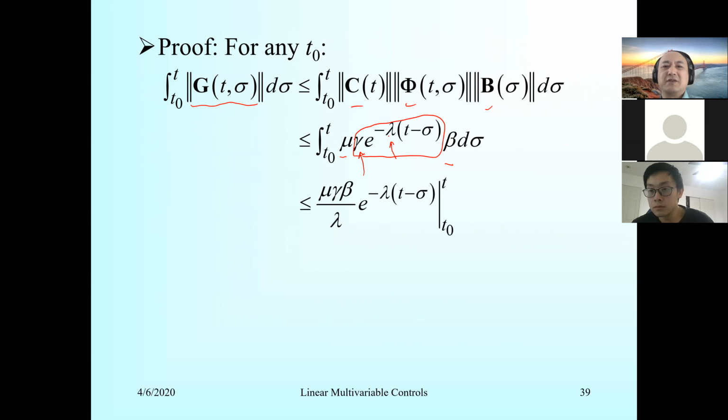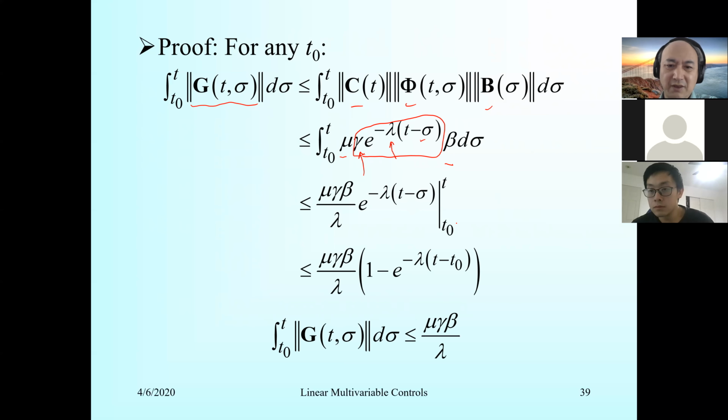Then for this G, you only have one sigma in here. So you just integrate, then you have a lambda here as well, okay? And T minus sigma, then you do a T0, and you are going to have something like this. In other words, G has an upper bound, okay?